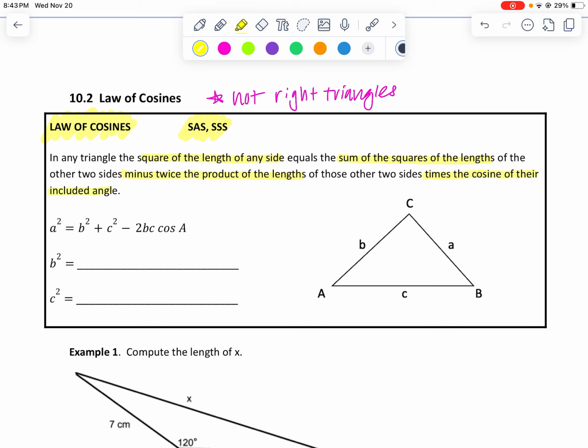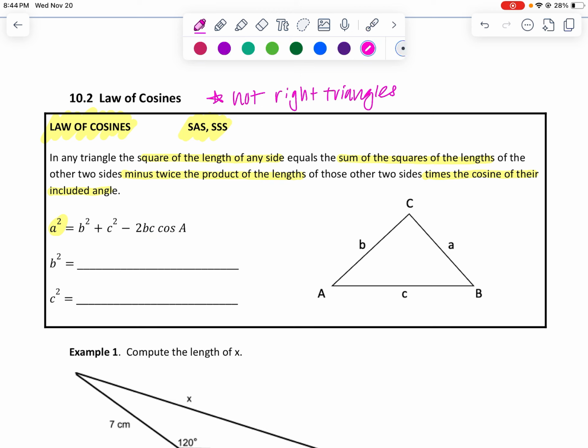Basically, if I'm trying to find little a, I'm going to take the square of that length and equal it to the sum of the other two sides, in this case b squared plus c squared. And I'm going to subtract twice the product of those two other lengths times the cosine of the included angle, in this case a.